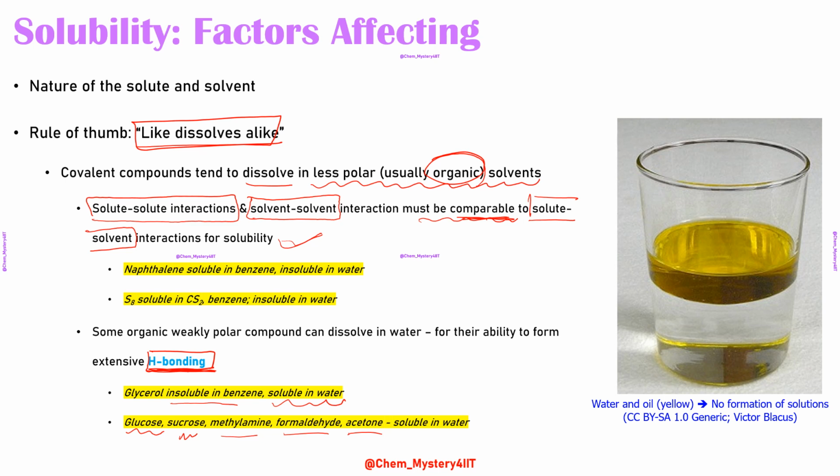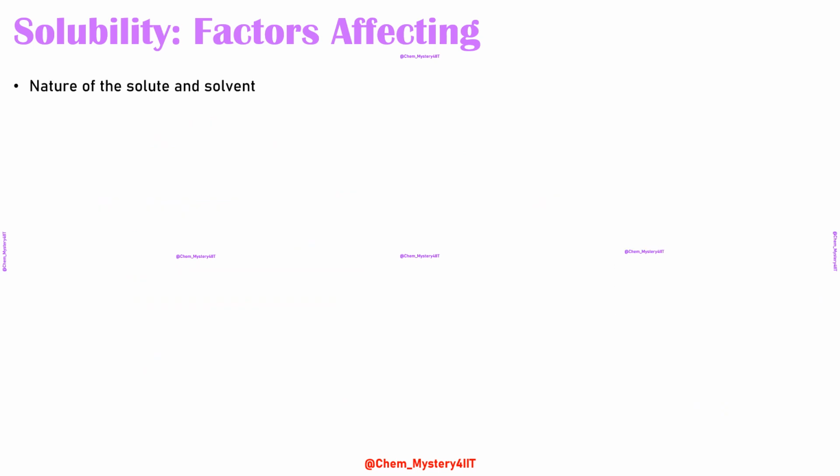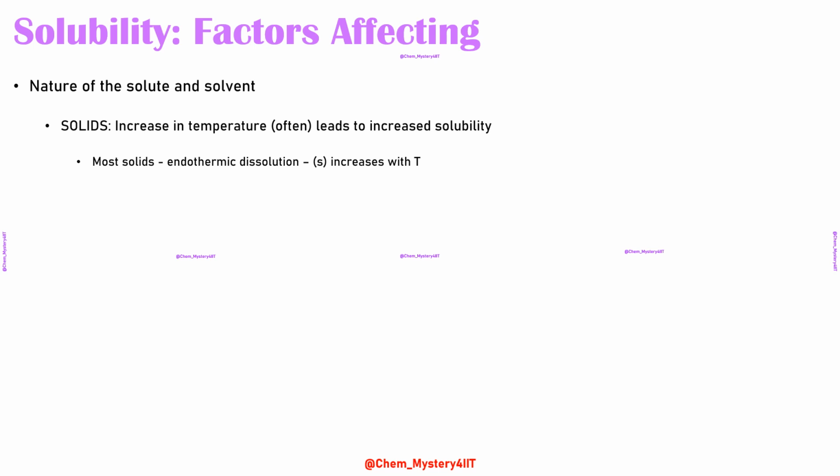We'll be talking about how temperature plays its role in the solubility of these different compounds. Solid compounds, liquid compounds, and gas compounds can have differences in solubility. For solids, if you forget about the nature of ionic versus covalent, another factor which can change the solubility is the temperature.